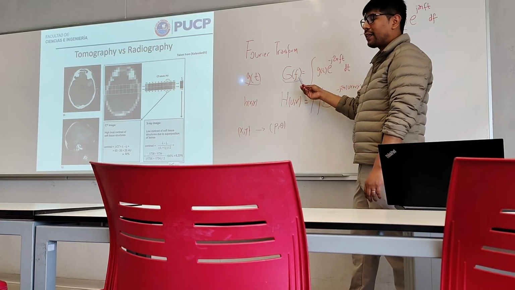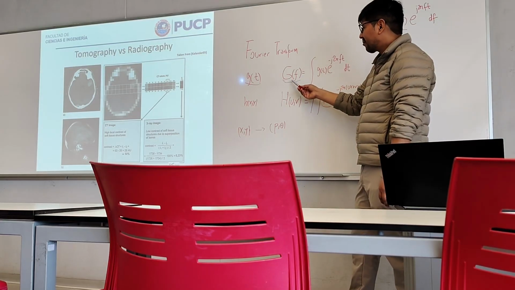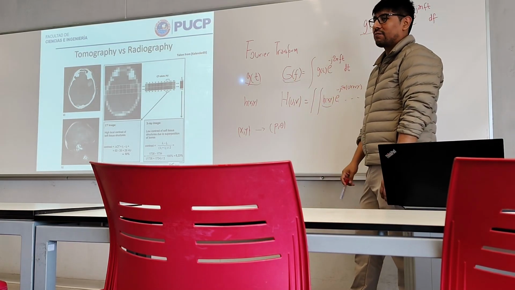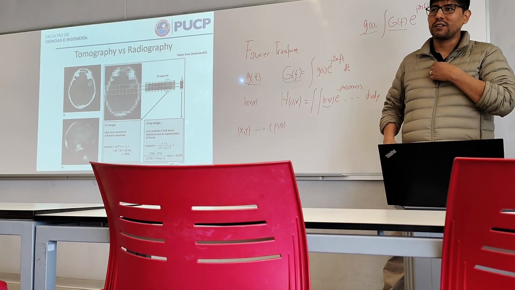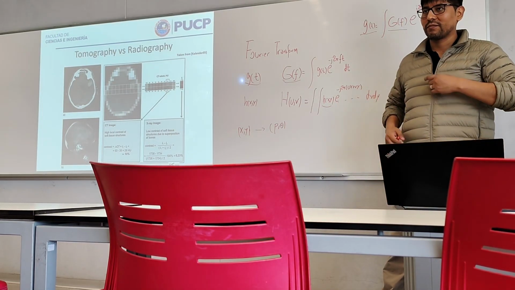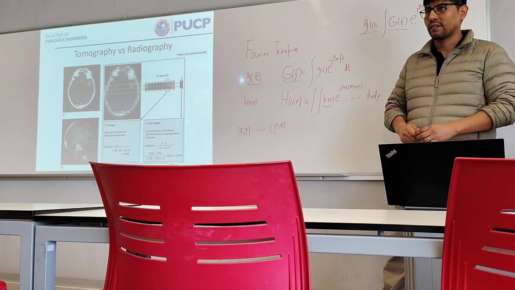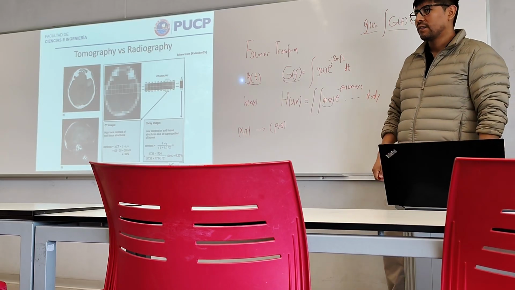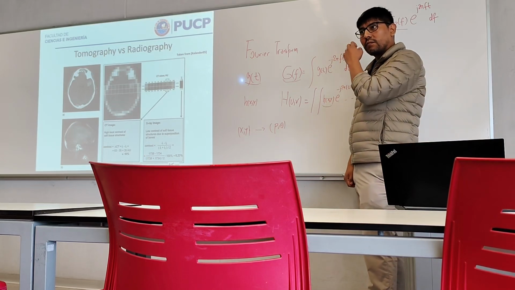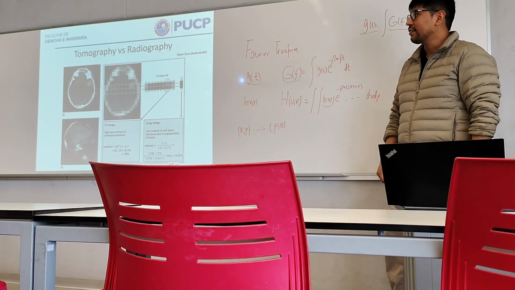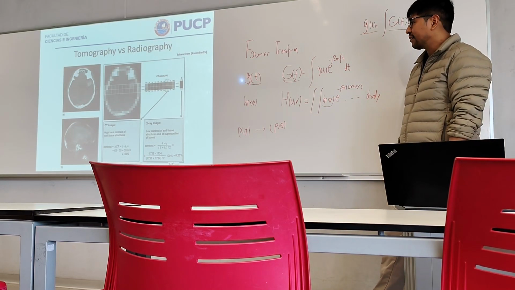For example, what's the benefit of calculating the Fourier transform? One thing that can be done: you look at two convolutions of the function in time, and you can multiply in the frequency domain. Yeah, that could be.